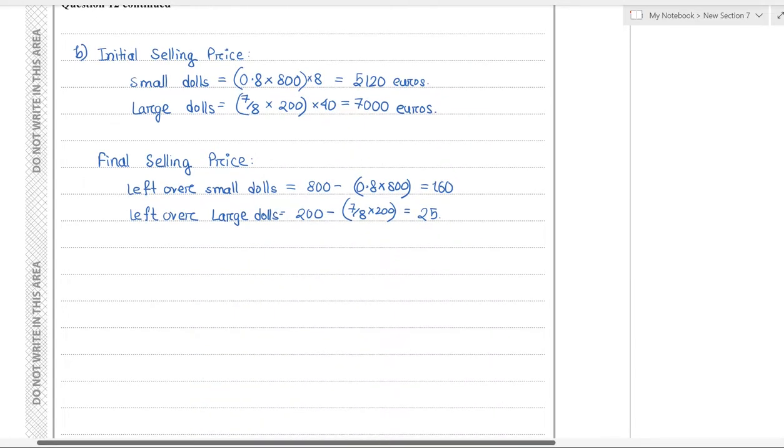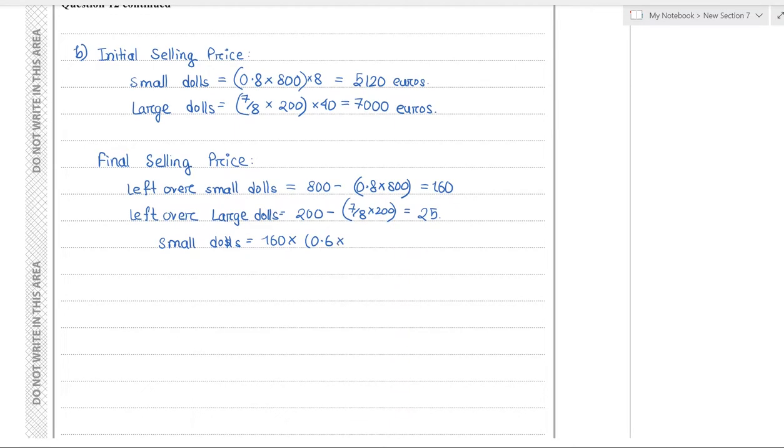So for the final price, the small dolls would give her 160 into 60% of 8, and for large dolls she would get 25 into 0.6 into 40. So the price for small dolls would be 768 and the price for large dolls would be 600 euros.